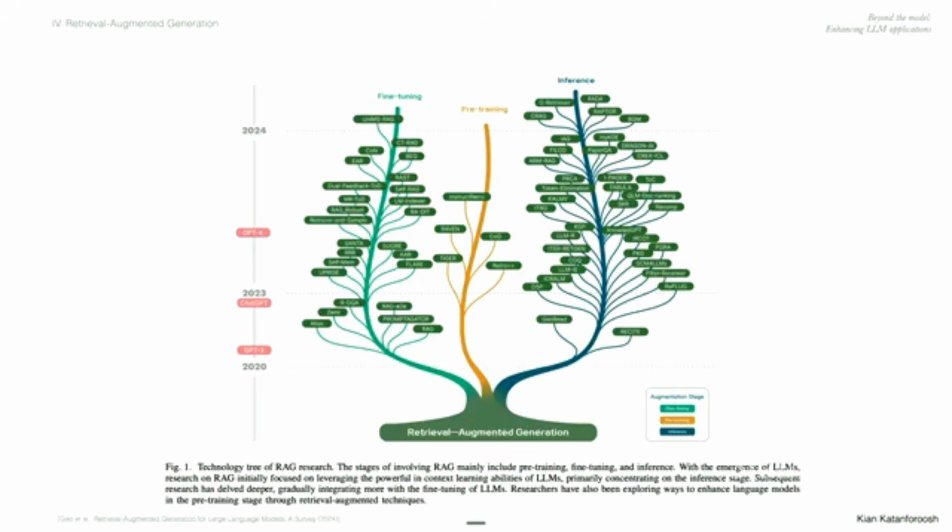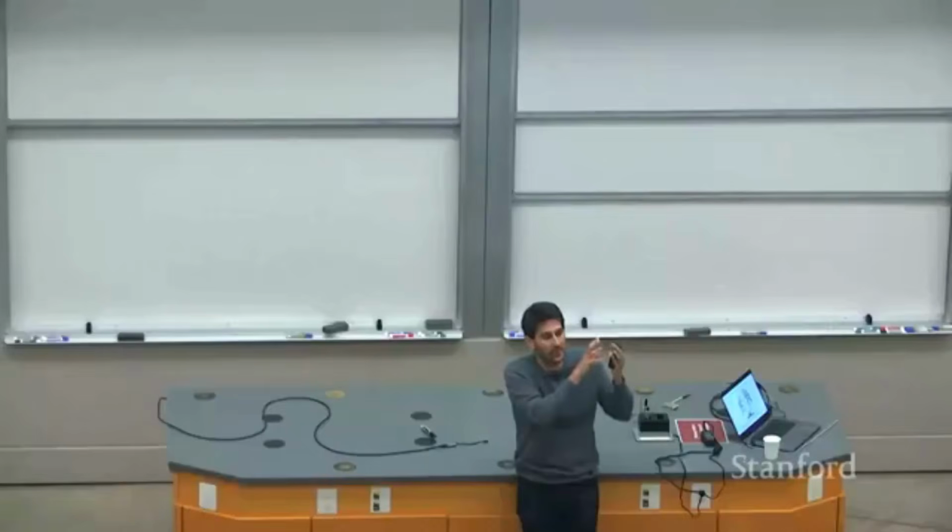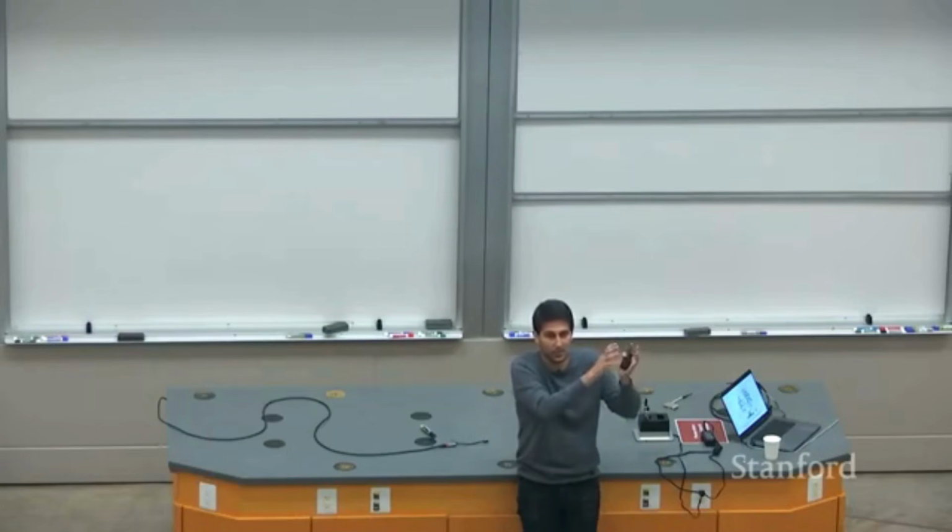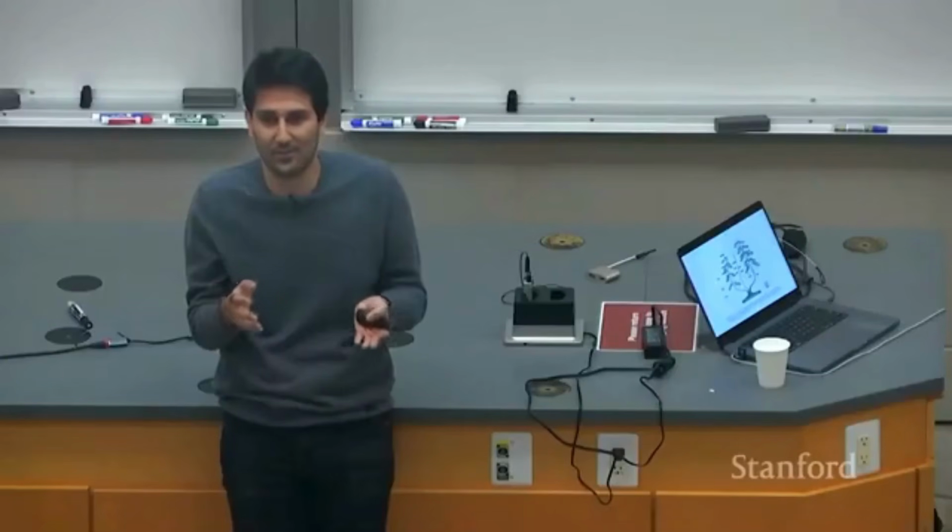Another technique that's popular is HyDE, hypothetical document embeddings, where a group of researchers published a paper showing that when you get your user query, one of the main problems is that the user query actually does not look like your documents. For example, the user query might be, what are the side effects of drug X?